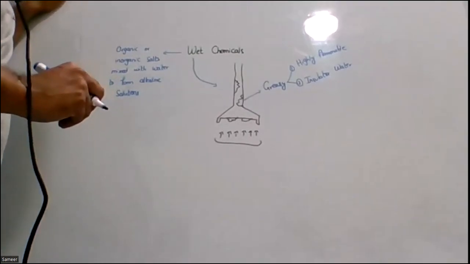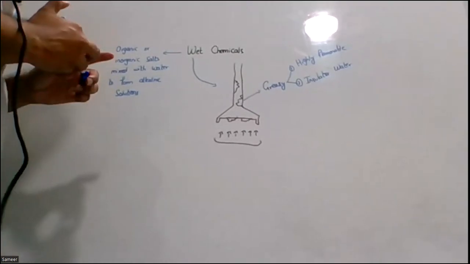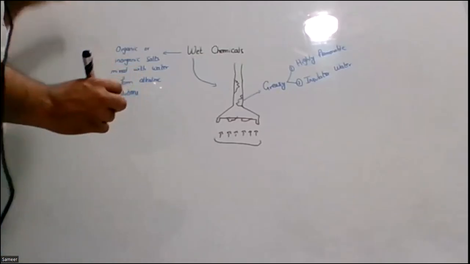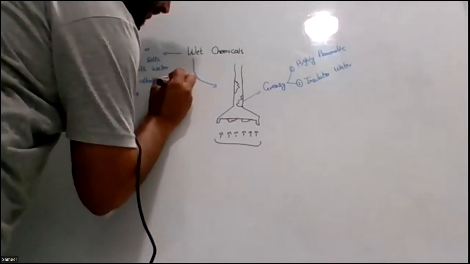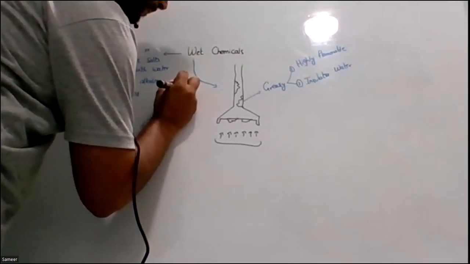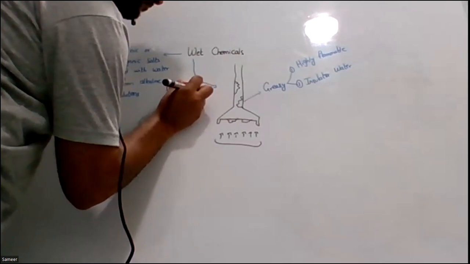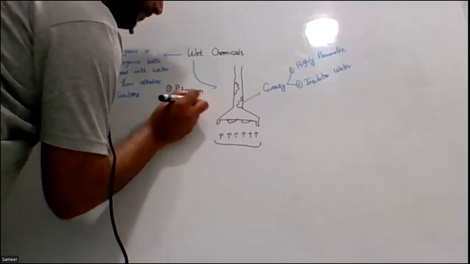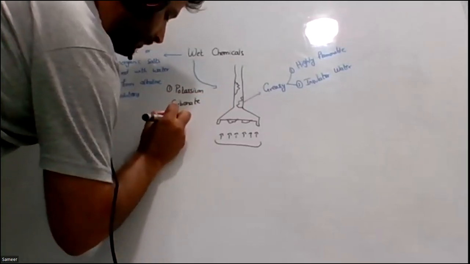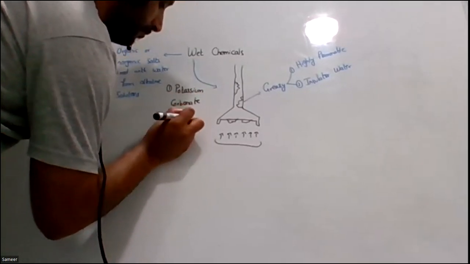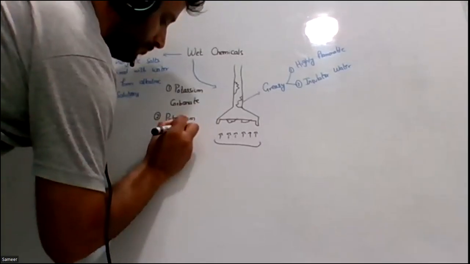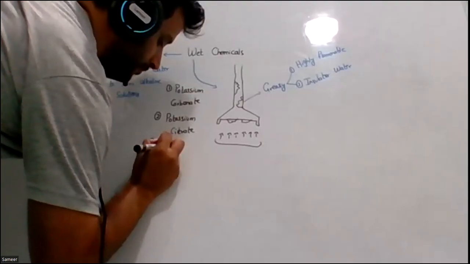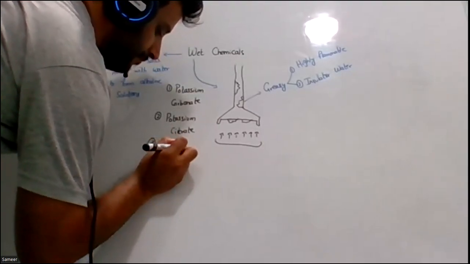And what are the wet chemicals that react with water? The chemicals that react with water are usually a combination, the chemicals that we can use: potassium carbonate, potassium citrate, and the third is potassium acetate.